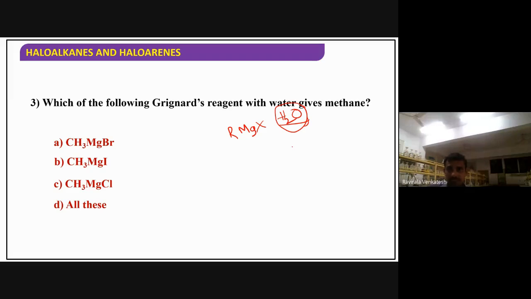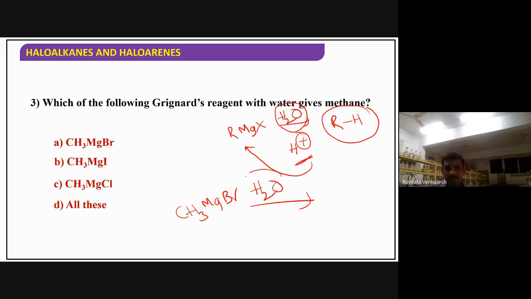From water, H plus will be added and you are going to get RH. For example, if I take CH3MgBr and treat with water, from water you take H plus and add to CH3, that will convert into CH4 here. So this I will explain in the next class.